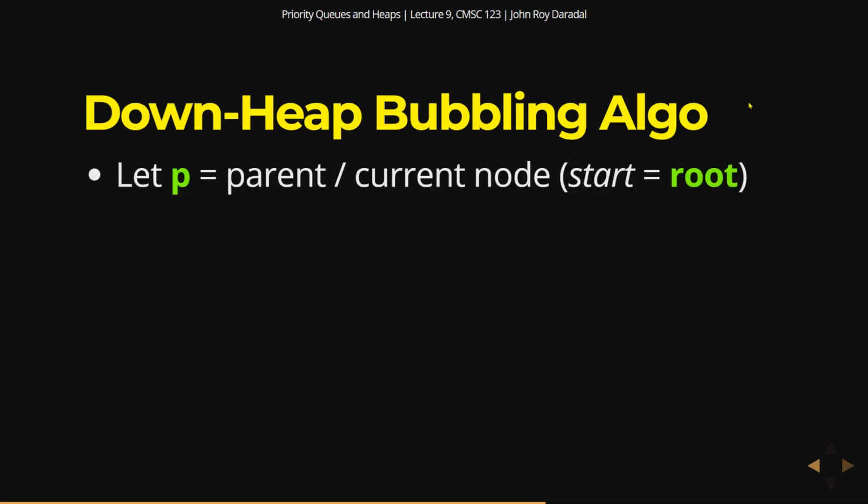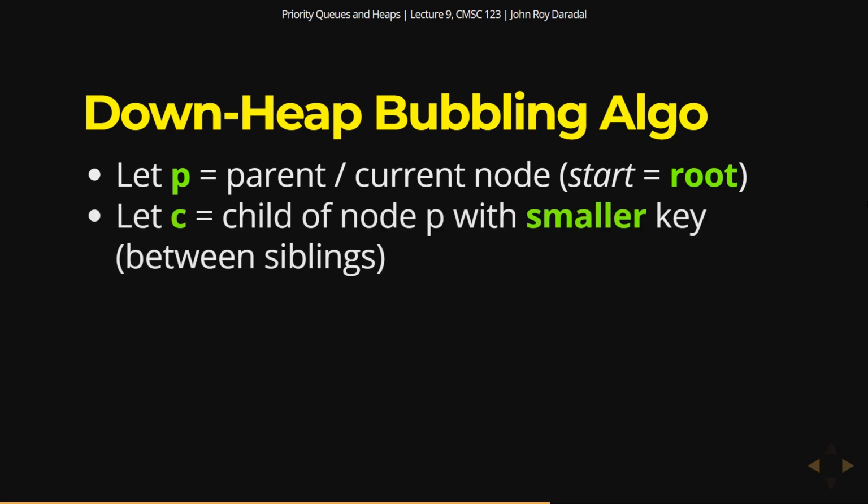So for the details, let P be the parent or the current node. That is the node that we're looking at. At the start, this will be the root node because that is where we start our down heap. And then let C be the child of the node P with the smaller key, so between the two siblings.